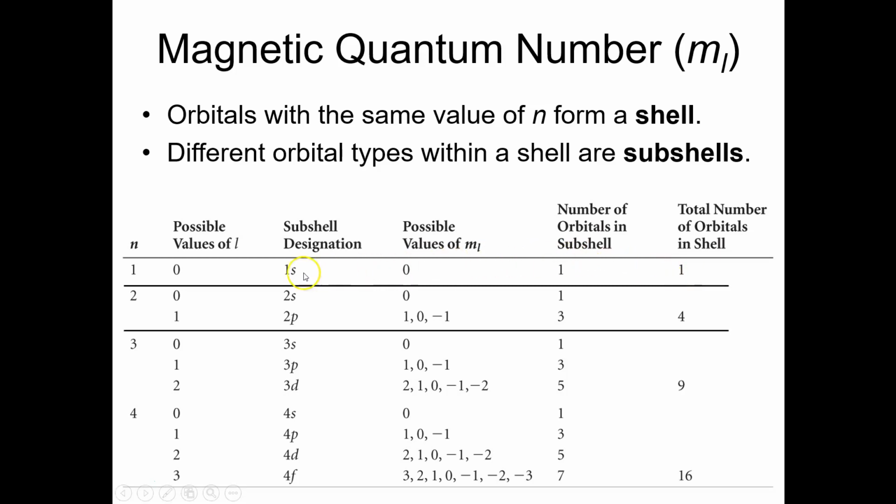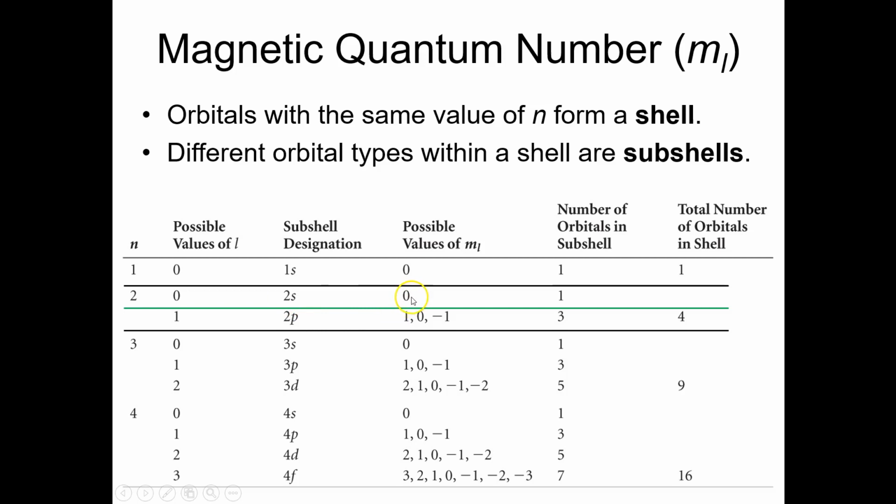Now in the n equals 2 shell, and again, everything with the same value of n is a shell, we have 4 orbitals because we can have an s orbital, and we can have 3 p orbitals. Those s's and p's are referred to as subshells. So this would be the 2s subshell.